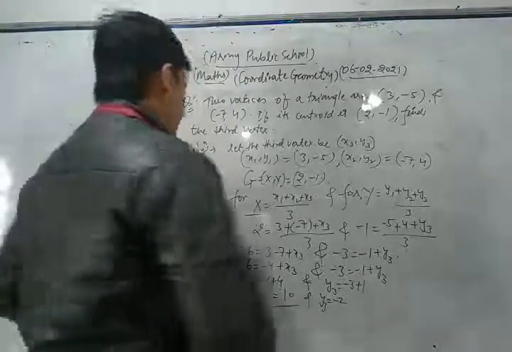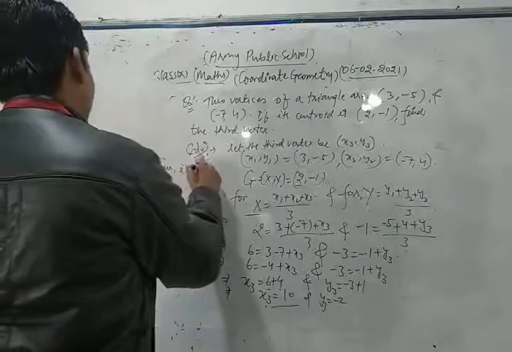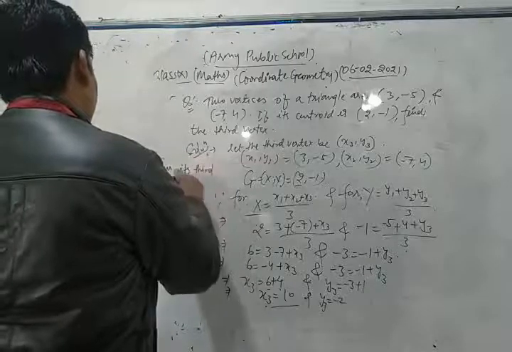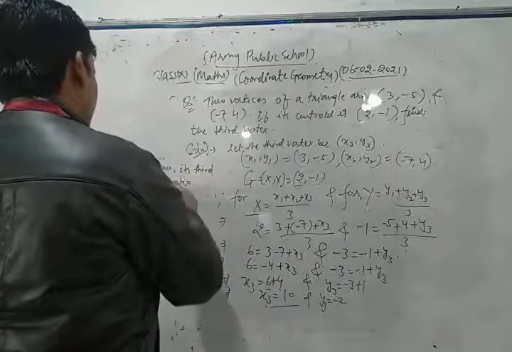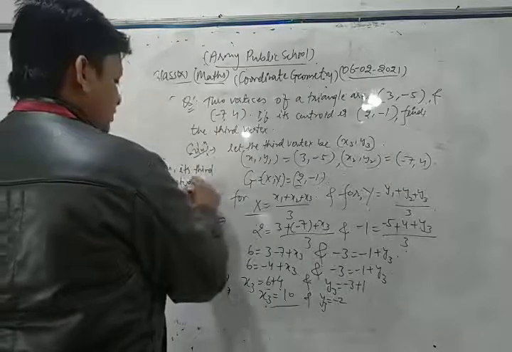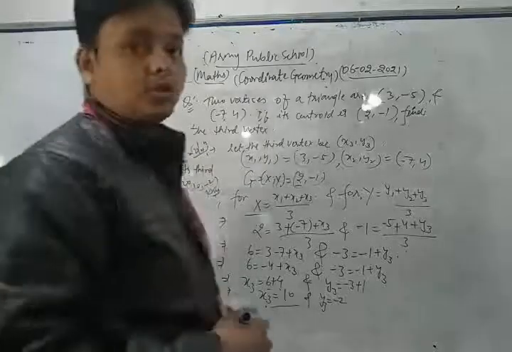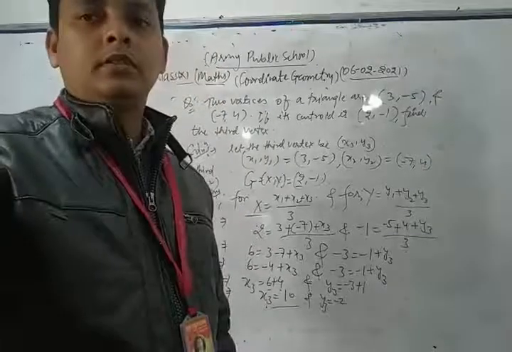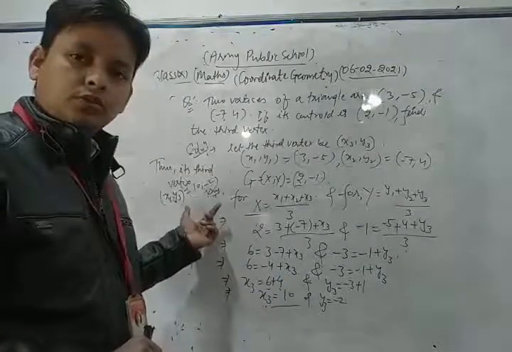Thus its third vertex (x3, y3) is (10, minus 2). This is the required solution of the given question.